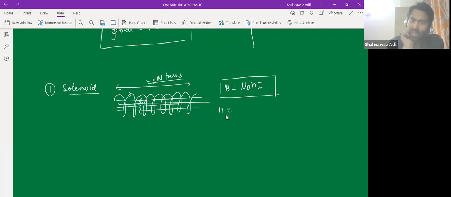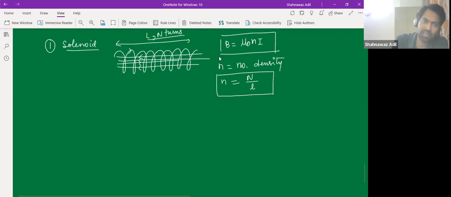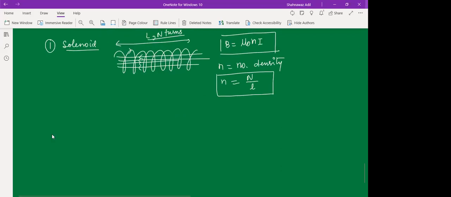Then this n is the number density, which is N by L. Now do you guys remember? Is that clear?